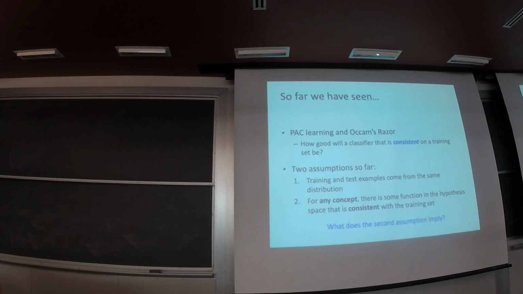And for any size of training data, we can always find a candidate function in the hypothesis space which gives zero training error. What does it imply? Any guess? Obviously, this is a very strong assumption. But what does it imply?